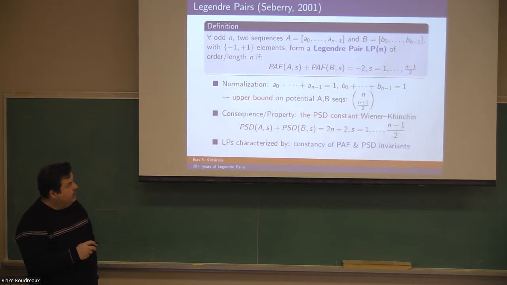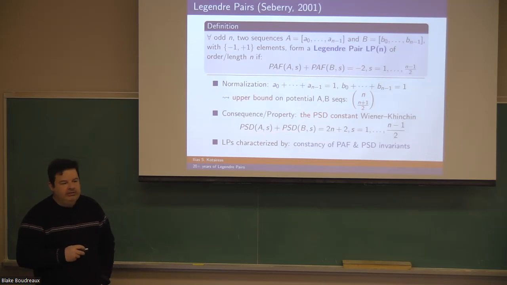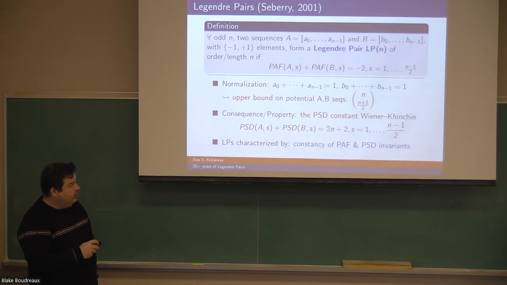So this upper bound is this central binomial coefficient, n+1 over 2. And there is another property that they satisfy, which is a consequence of this definition: the sum of the PSDs, so these values computed via the DFT, also sum to a constant for every s, although this constant now depends on n, so it's 2n + 2.